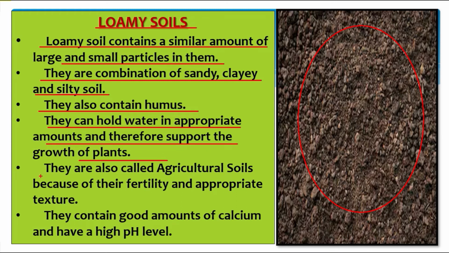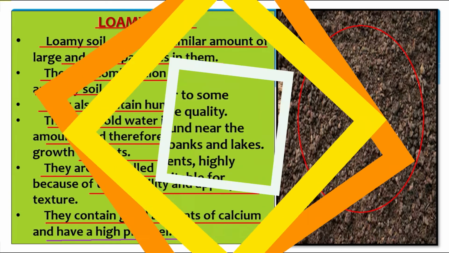Students, as it supports the growth of plants, it is also known as agricultural soil because of its fertility and appropriate texture. The next important fact about loamy soil is that it contains a good amount of calcium and has a high pH level as compared to other types of soil.